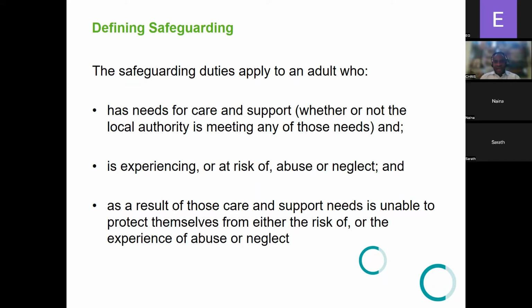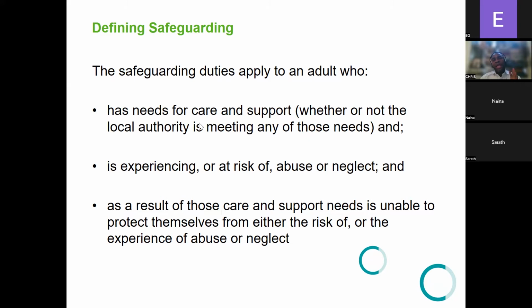So just as Nina explained earlier in an attempt to define safeguarding, safeguarding applies to adults. Child protection applies to children and young people. So when we use the word safeguarding, you are thinking about anyone from the age of 18 plus, an adult. Very, very important.